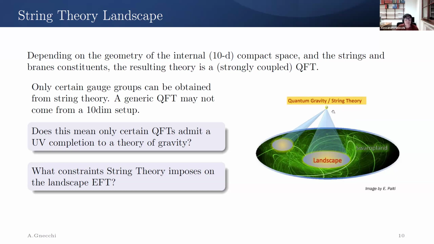So the idea is, if we study this landscape and the properties of the theories in this landscape, then maybe we can understand properties of quantum gravity that would not be possible to access just from the low energy perspective. Because from the low energy perspective, this swampland and landscape would be the same thing. These are all good effective field theories, but not all of them admit a UV completion in string theory.